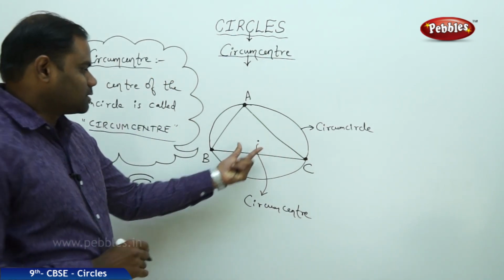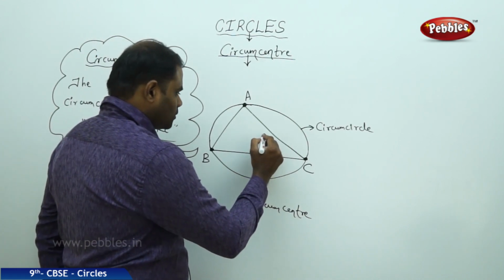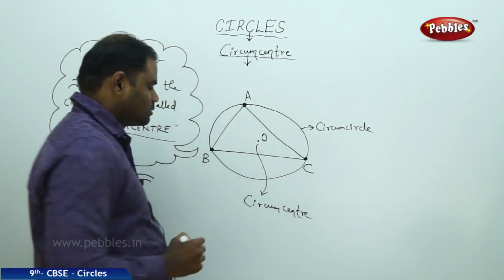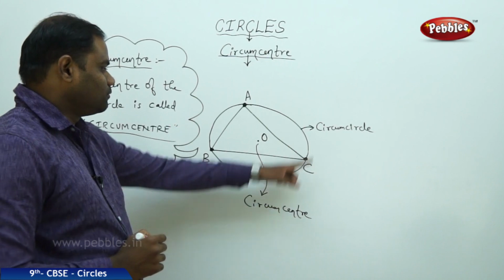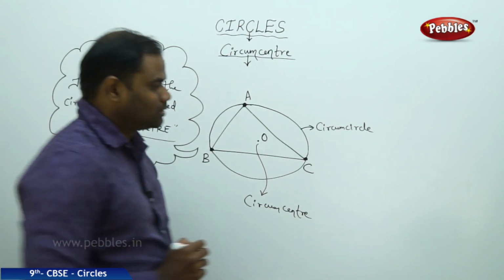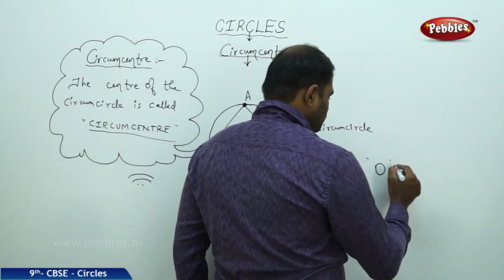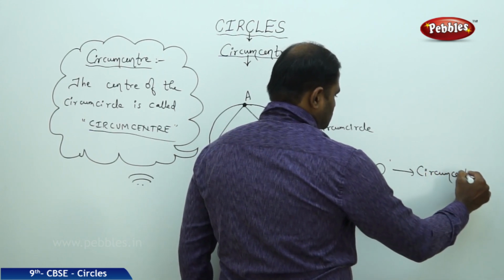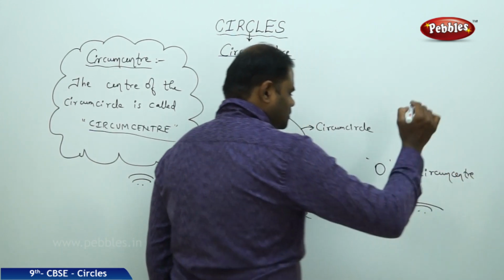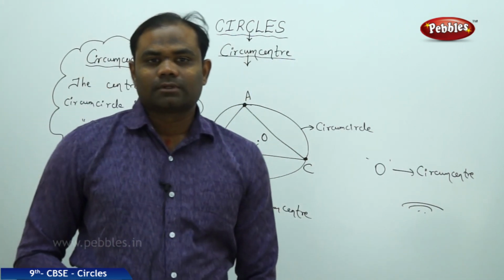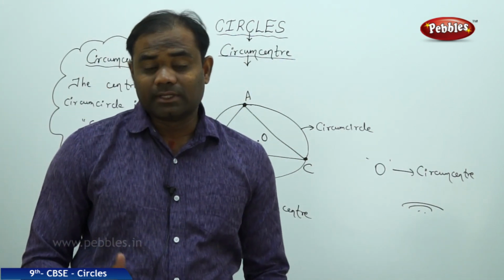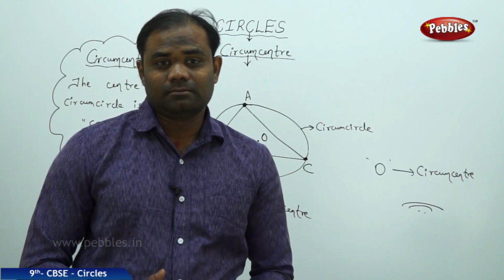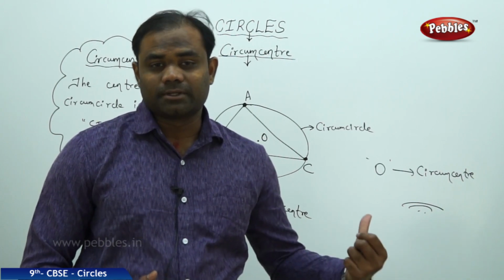The circumcenter O out here is called the circumcenter for this circumcircle. So here point O is the circumcenter. The center of the circumcircle is called the circumcenter. That is how we understand the concept.